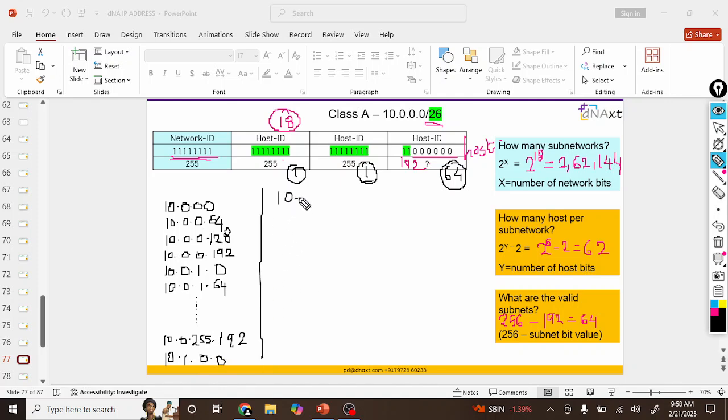Next to that will be 10.1.0.64, 10.1.0.128, 10.1.0.192. Okay. Now 10.1.1.0, 1.64, 1.128, 1.192, then 2.0.